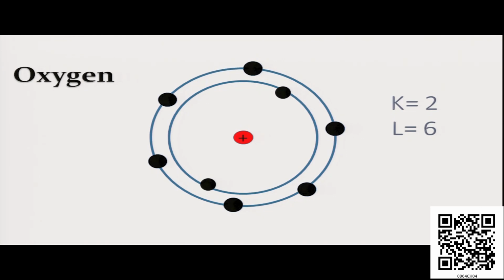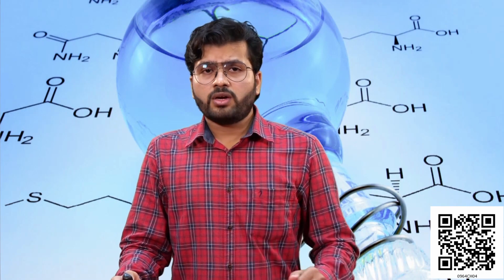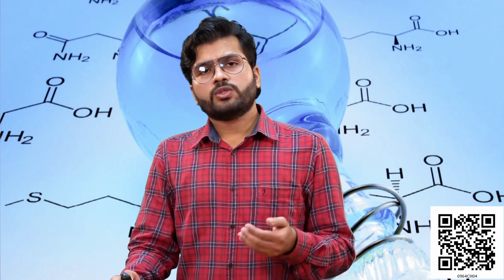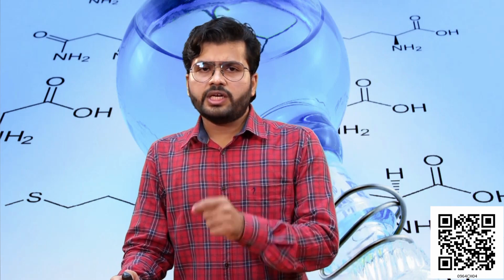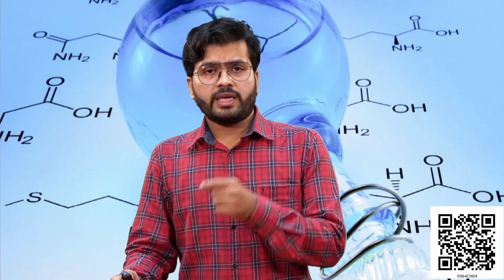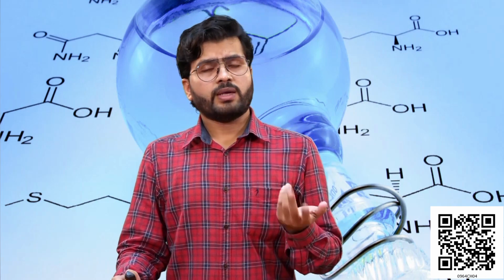If it contains 2 electrons, the valency will be 2. If it contains 3, the valency will be 3. And if it contains 4, the valency will be 4. But if it is more than 4, that is 5, 6 or 7, you need to subtract it from 8. 8 minus 6 is 2. 8 minus 7 is 1. 8 minus 5 is 3.